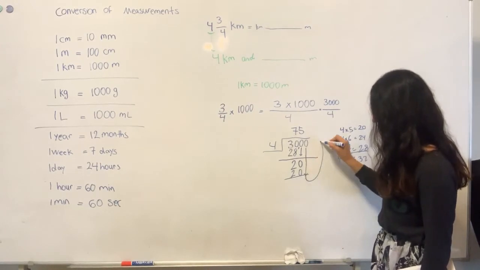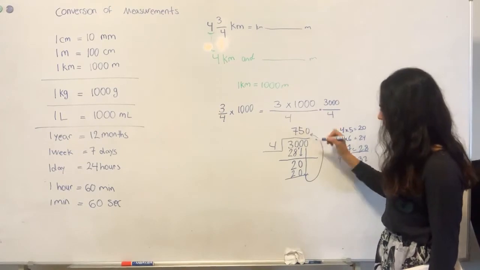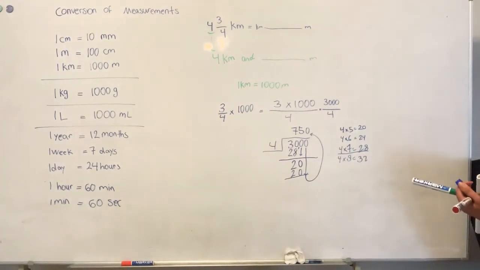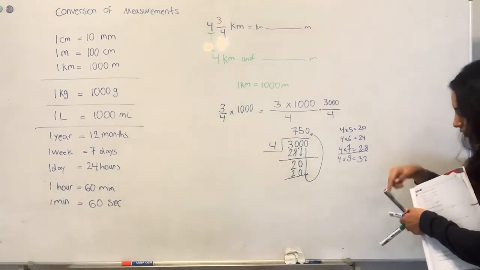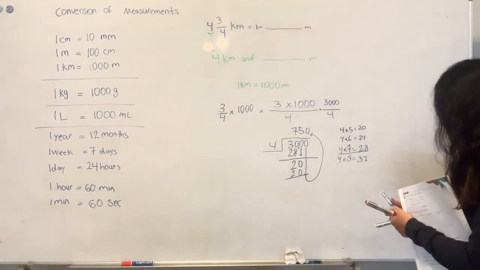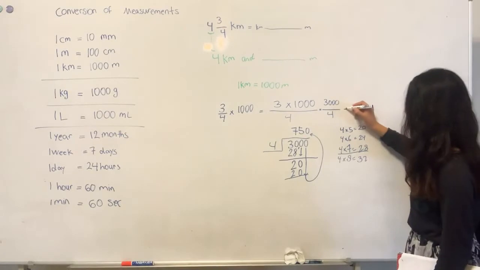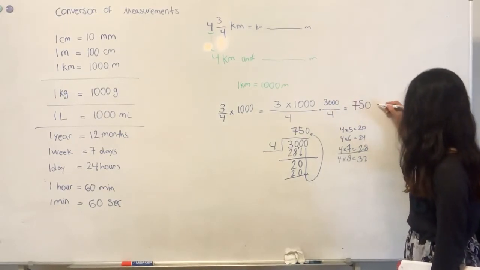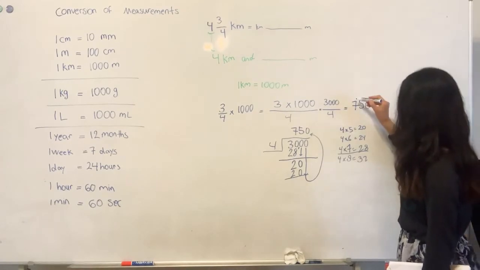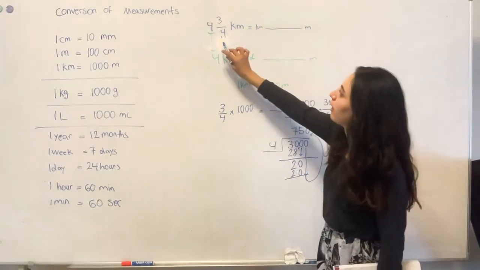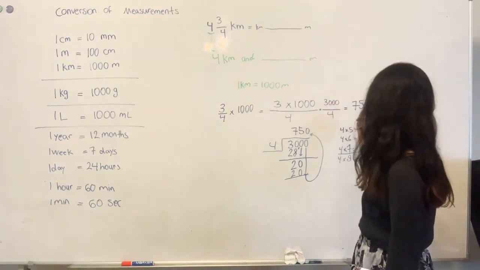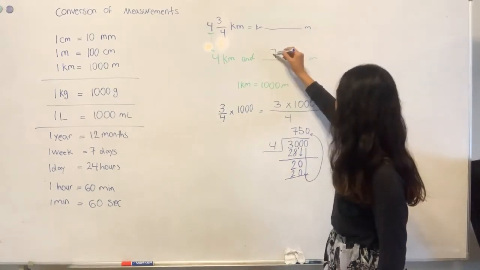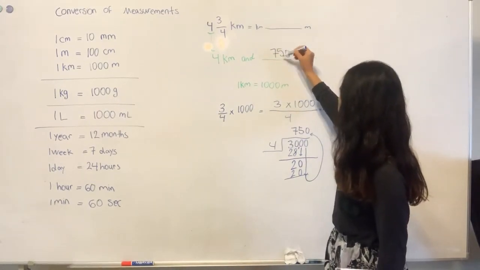Then we put the 0 in here. 750. Can you see that? So this was a good practice for division as well. 750 meters. So I'm going to put this on here. So we have 4 kilometers and 750 meters.